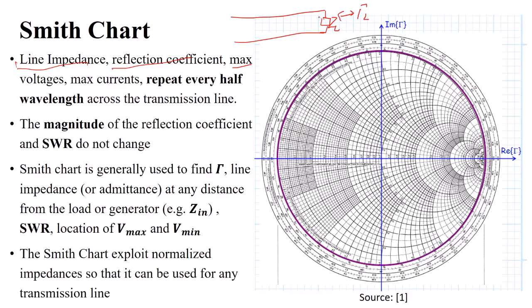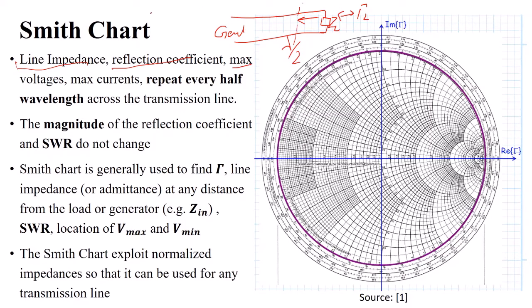When you move from the load side to the generator side, also called the source side, the gamma and the line impedance may change. Once you move by lambda by 2 distance, you will again get the same impedance, equal to ZL. Similarly, the reflection coefficient will be the same.